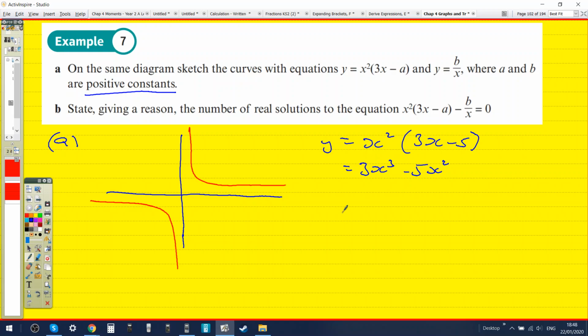So I got x equals 5 over 3 and x equals 0. So did we get the same thing twice? It didn't say that. This is cubic. So how would we now sketch it? So x is 0, x is this 5 over 3. We just let A be equal to 5.